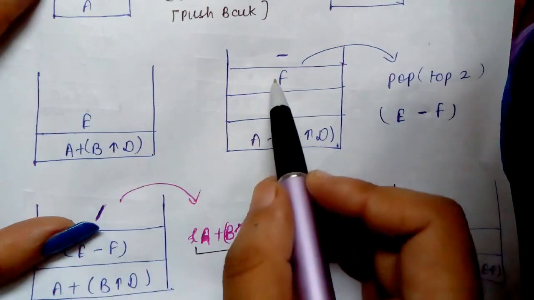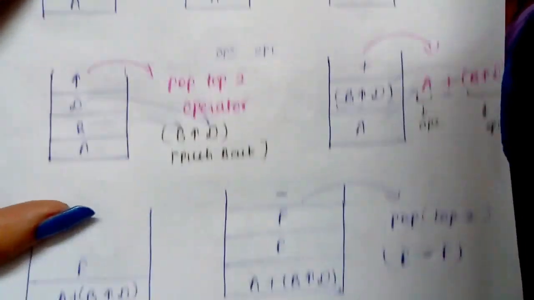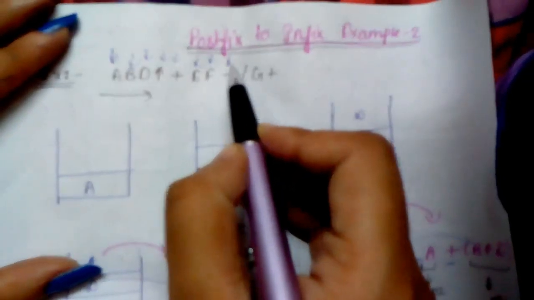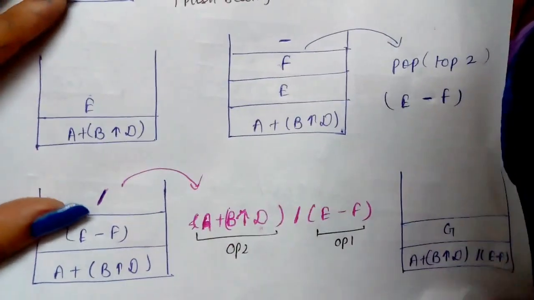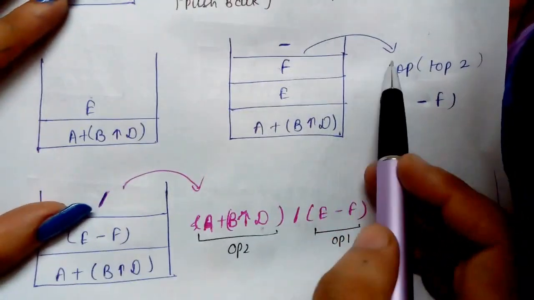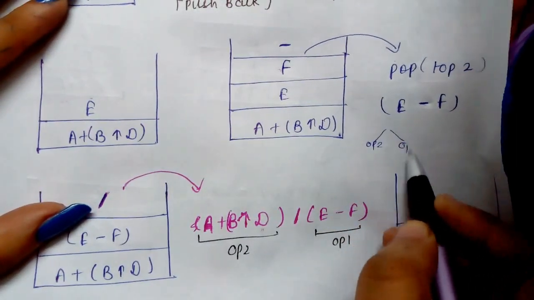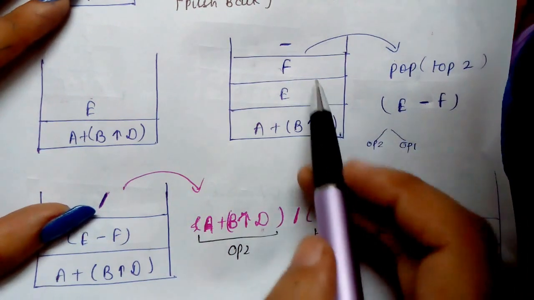After that F is coming, so we will push F into the stack. E and F are in. After that, minus is coming. When minus comes, we will pop the top two symbols from the stack in a way that operand 2, operand 1, because this is a postfix expression.